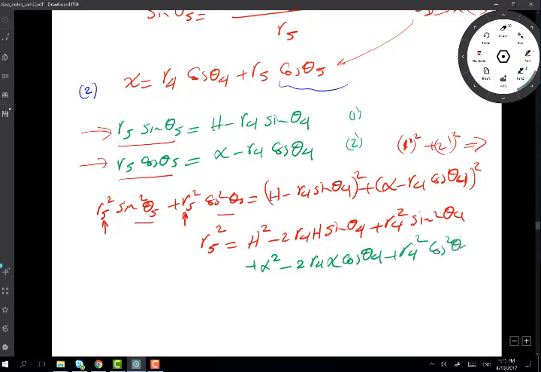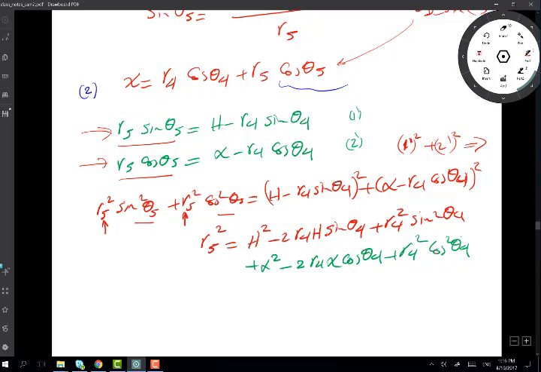Then I add those together, and those two terms would give me R4 squared when I add them. Okay, so I can do that now.